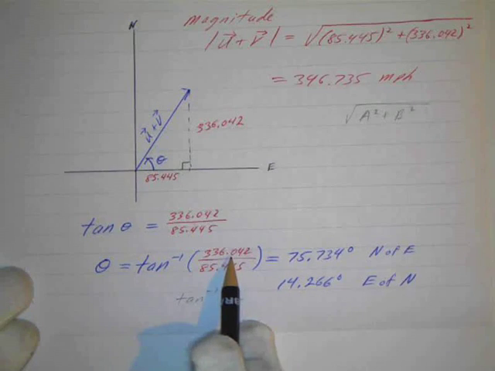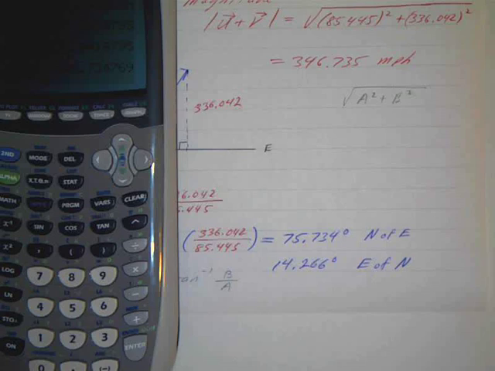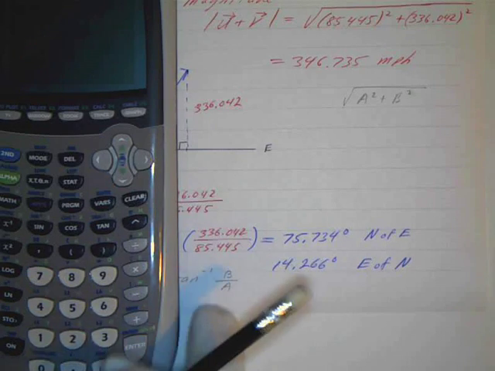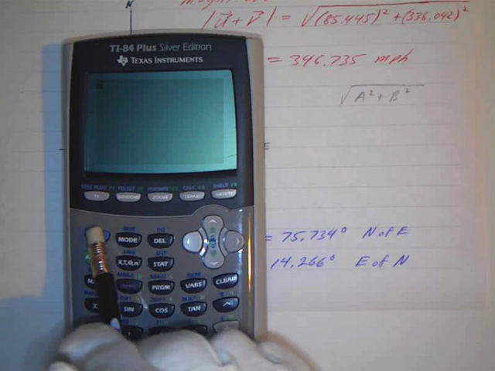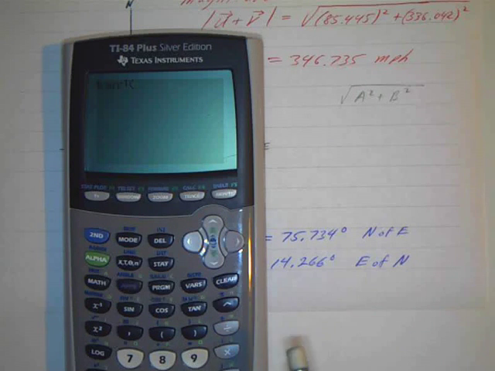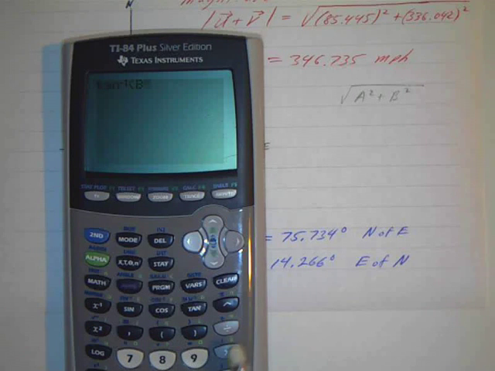That's going to be B over A, because we stored that. So we just take the arctangent. I'll take arctangent, so second tan, and then alpha B divided by alpha A, parentheses, enter, and I get 75.734 degrees.